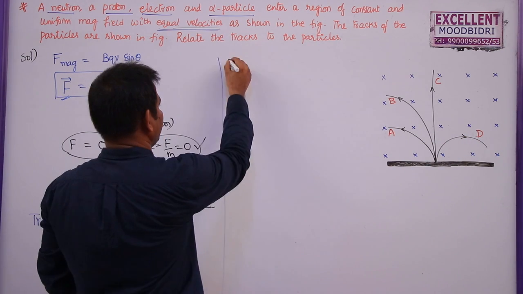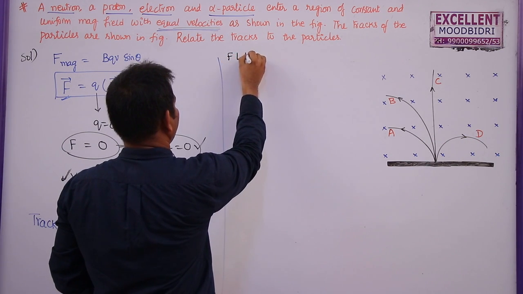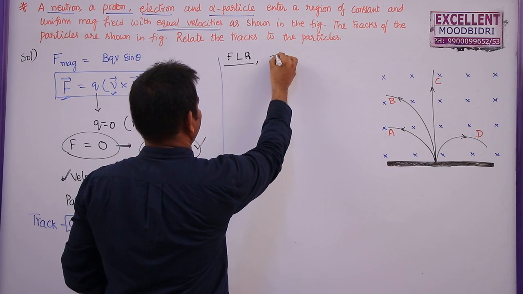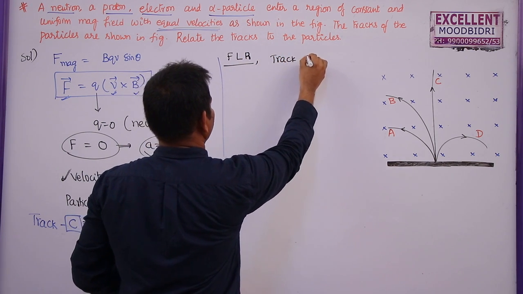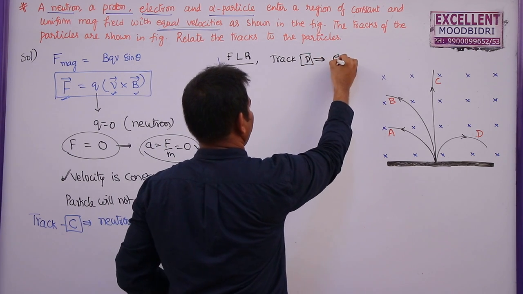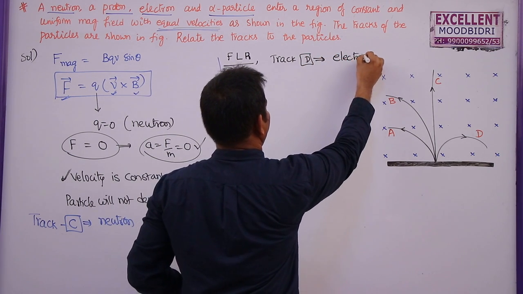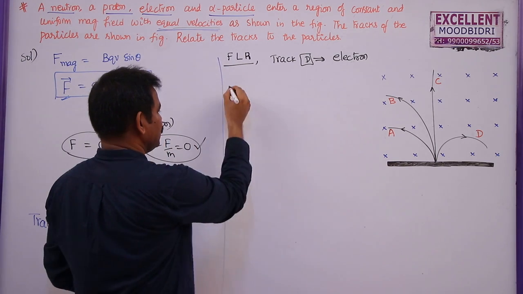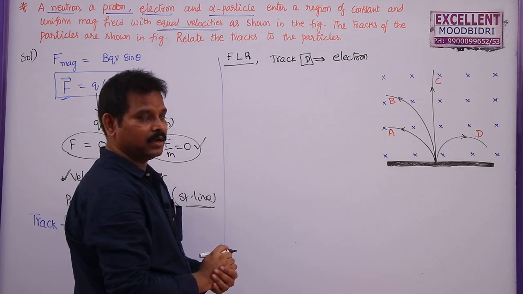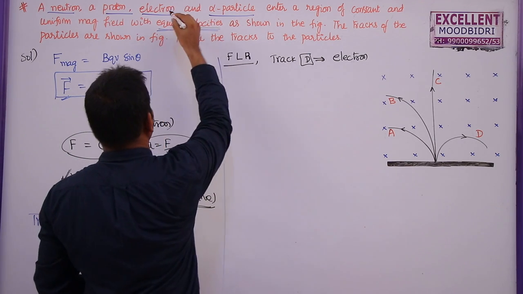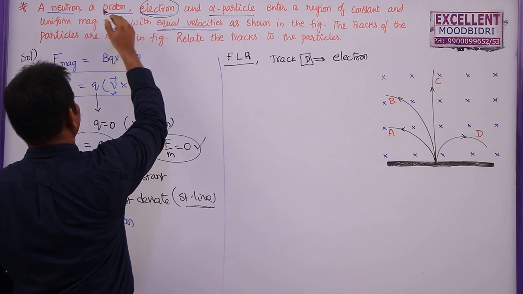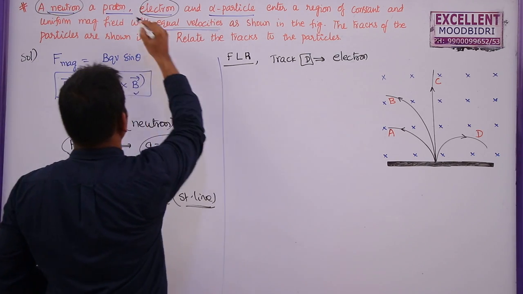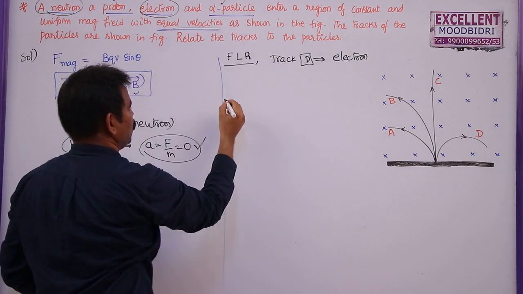So by using Fleming's left hand rule, we can say that track D corresponds to the electron as it is experiencing force in the right side direction. That means tracks A and B should correspond to positive charges. Now the electron is over, the neutron is completed. Now A and B must be proton and alpha particle only.